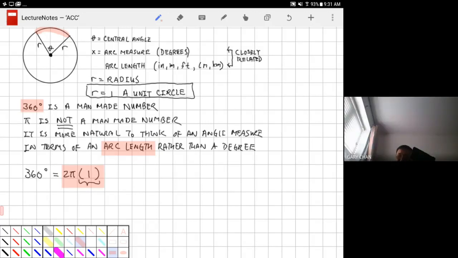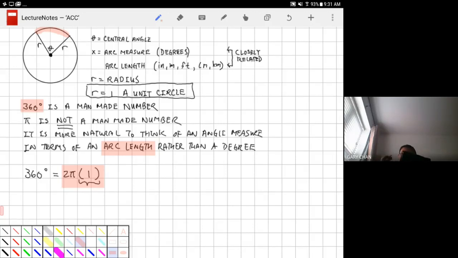It's like telling them there are these things that exist in the world, and their whole mind is blown at the moment. But again, I'm telling you right now, it is way more natural to think of an angle measure in terms of the arc length of a unit circle. So what am I getting at here?